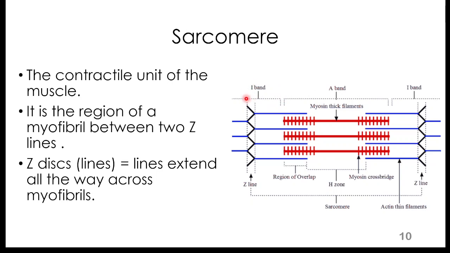All right. So from this area to this area, this is the sarcomere, right? You can see the A band. You can see half of the I band here, half of the I band there. You can see the H zone, which, like I said, consists of only myosin. The I band consists of only actin, whereas the A band consists of both actin and myosin.